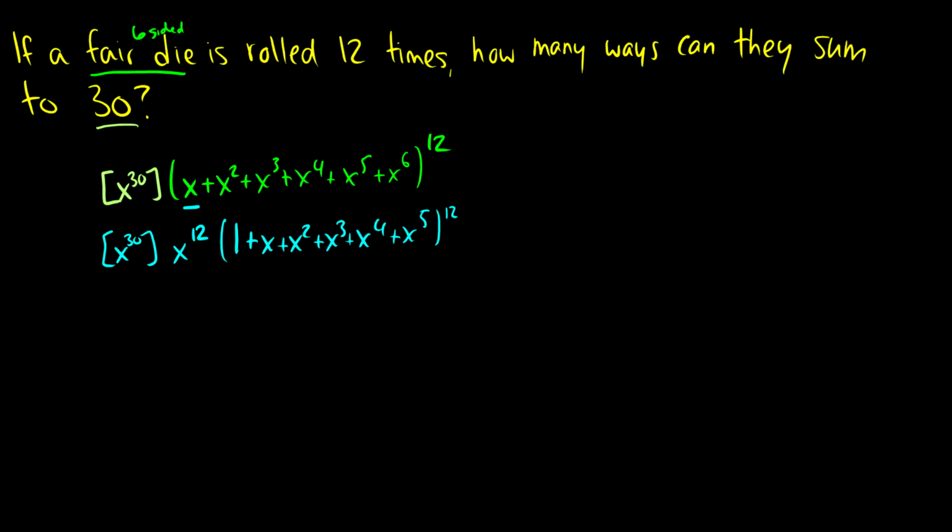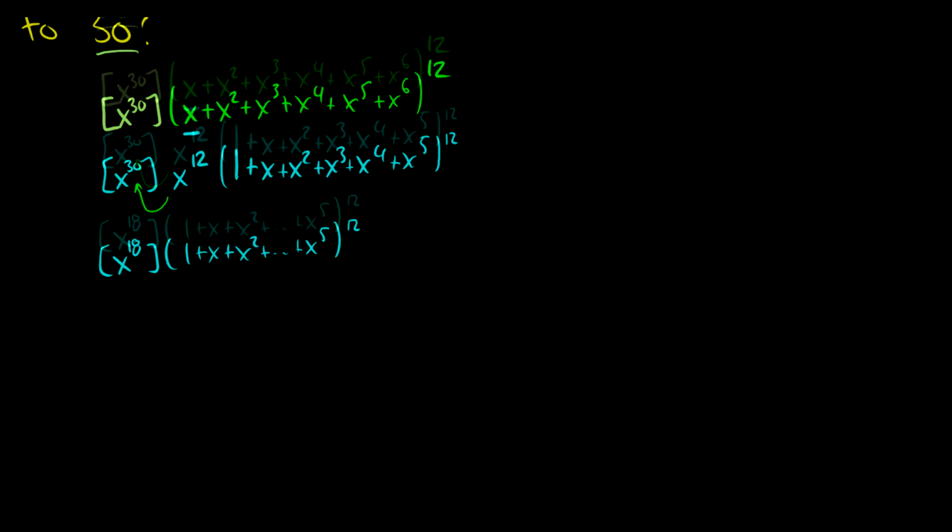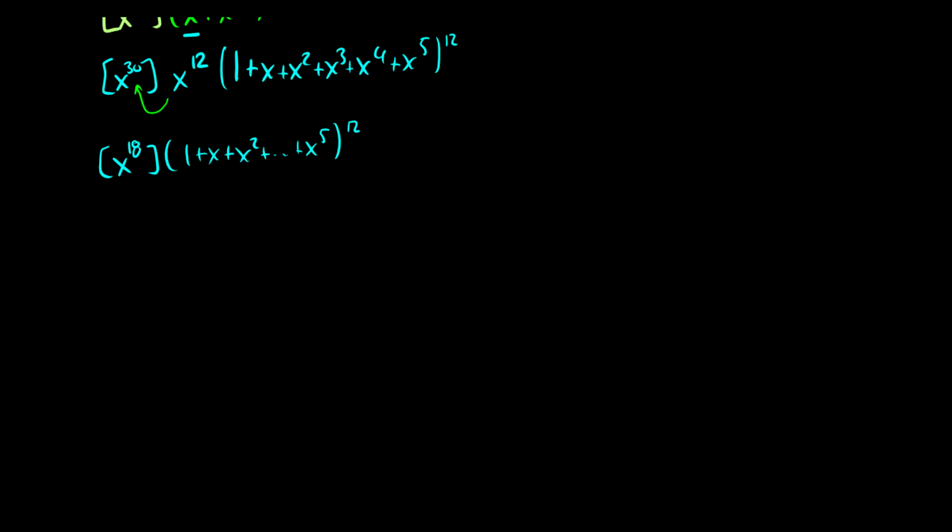We'll do what we did in the last equation, and we'll just shift it over. So really what we're looking at here is x to the 18 of 1 plus x all the way up to x to the 5 raised to the 12th power. Now things get a little bit trickier, because what is this generating function?